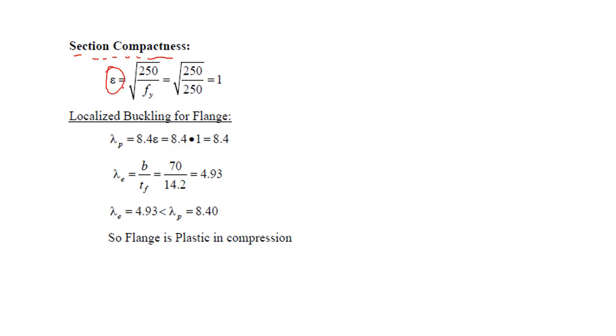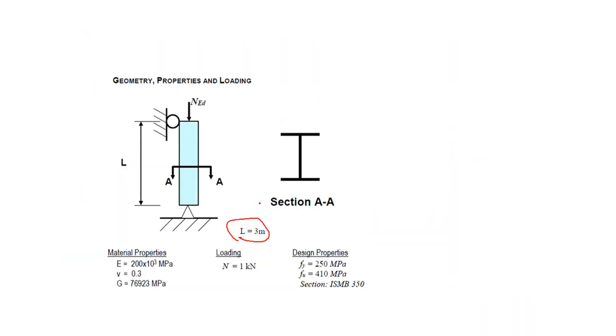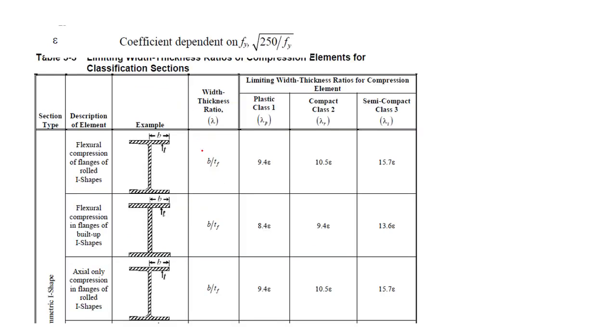First, we'll find out epsilon, which is the root of 250 by Fy. As the grade of steel is 250, the number is taken as 1. Let's find out whether the section is plastic or elastic. Understand that the load is acting in the axial direction.